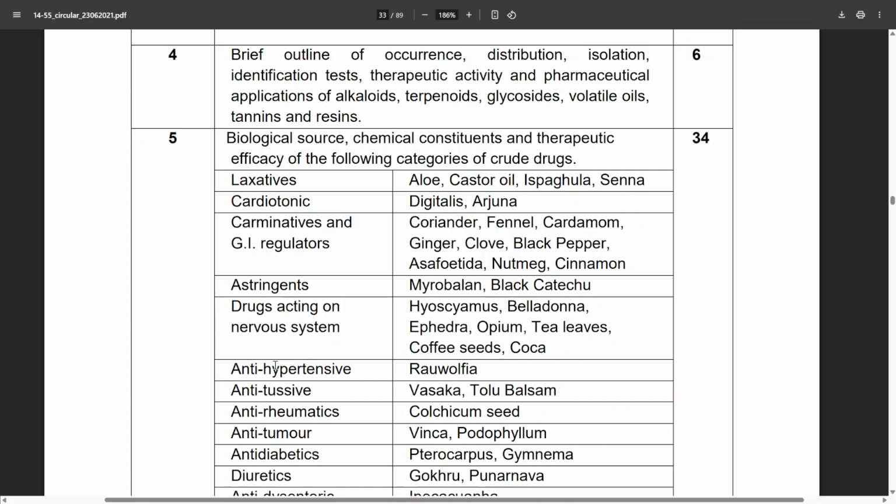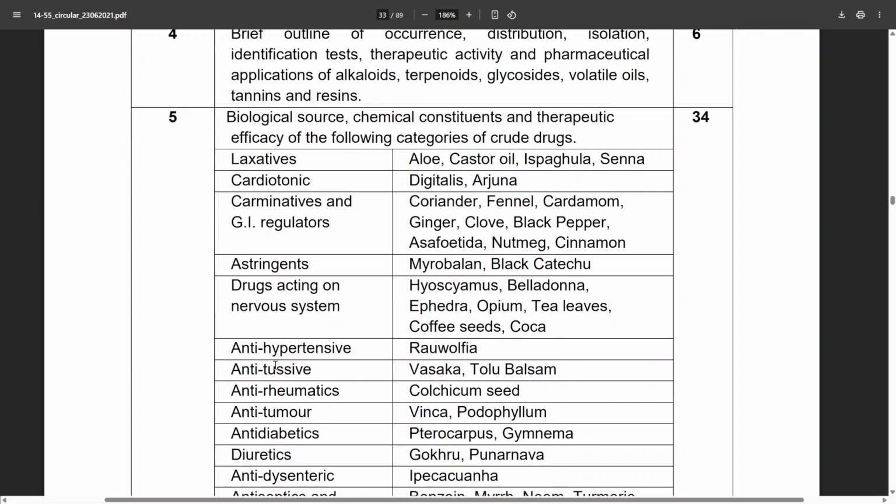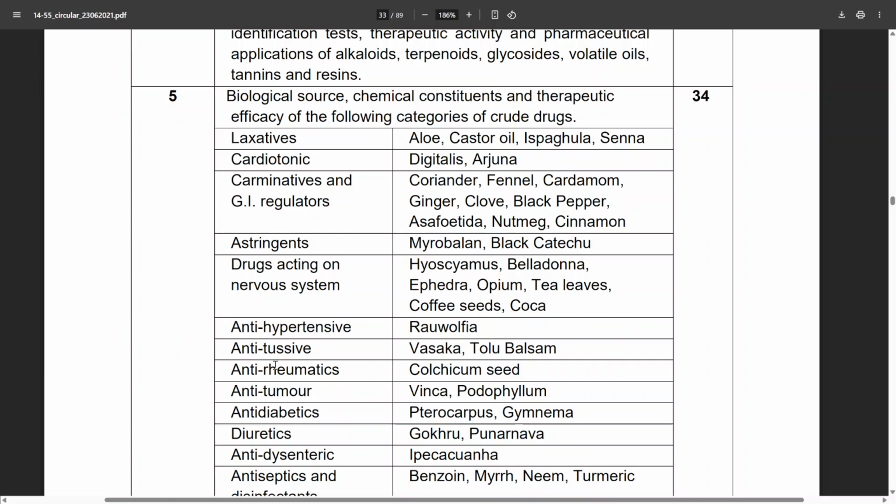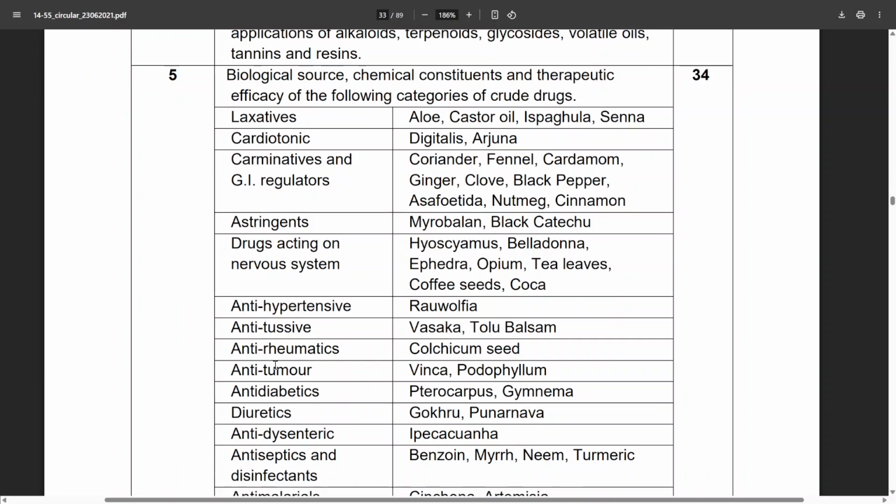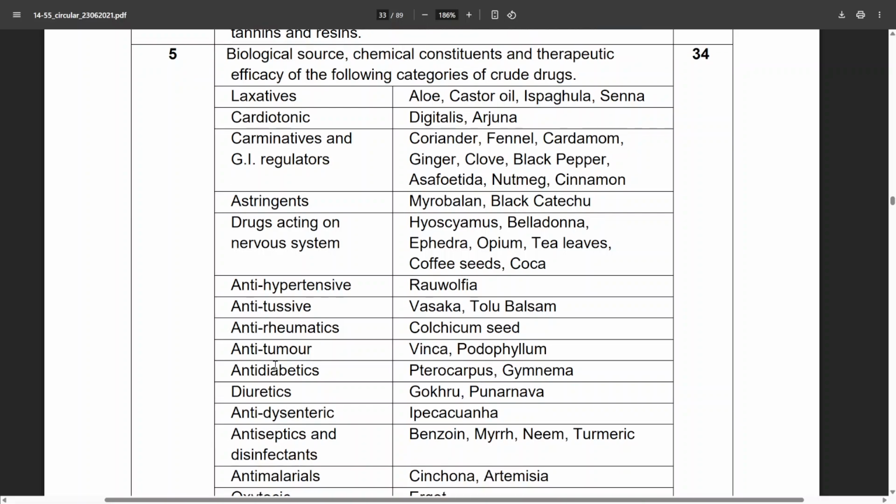Chapter 5, biological sources, chemical constituents and therapeutic efficacy of the following categories of crude drugs: laxatives, aloe, castor oil, ispaghula, senna; cardiotonic, digitalis, arjuna; carminatives and GI regulators, coriander, fennel, cardamom, ginger, clove, black pepper, asafoetida, nutmeg, cinnamon; astringents, myrobalan, black catechu; drugs acting on nervous system, hyoscyamus, belladonna, ephedra, opium, tea leaves, coffee seeds, coca.